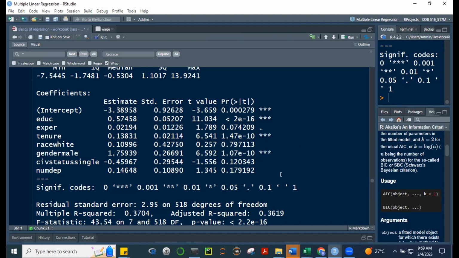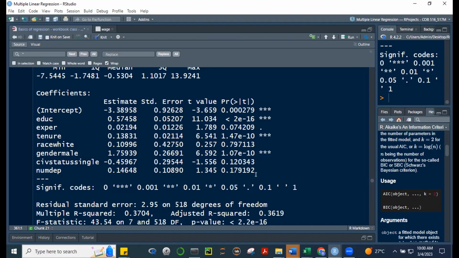I'll explain stepwise regression more as we go along. But there are two types of stepwise regression: forward stepwise regression and backward stepwise regression. In this case, we're using backward stepwise regression. Why is it backward?